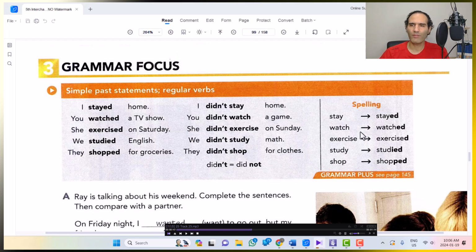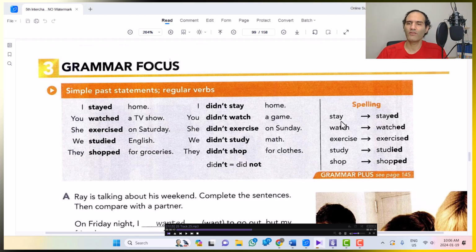And a point about the spelling of these past tense verbs. If the verb is regular, you just need to add d or ed. Oftentimes an ed comes, like stay, stayed, watch, watched. If the verb ends in an e, you just need to add a d. Exercise, exercised. Study. Now, the case of y preceded by a vowel: no change.